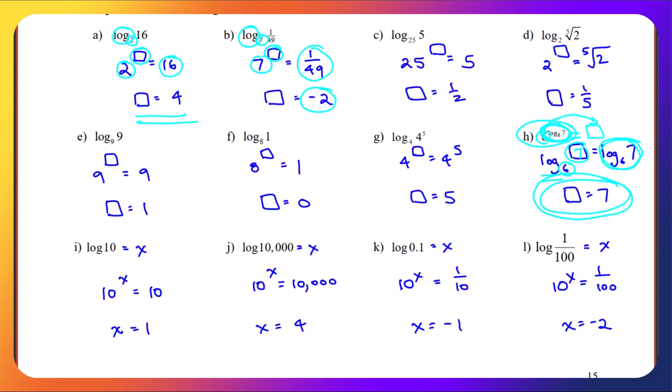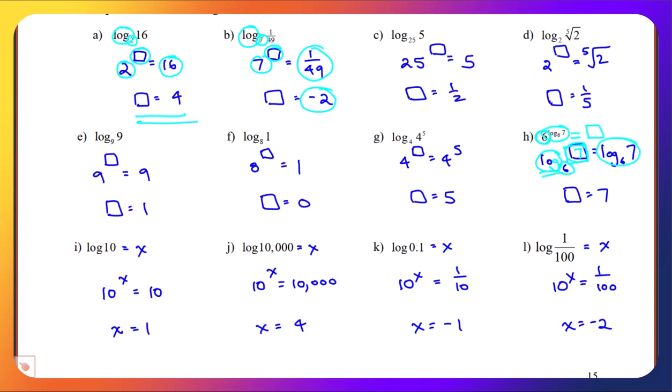So looking at h, which is a little different. The exponent of 6, sure enough 6 has an exponent, that gives us box is this exponent up here.